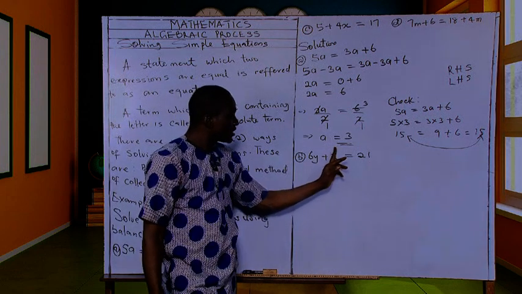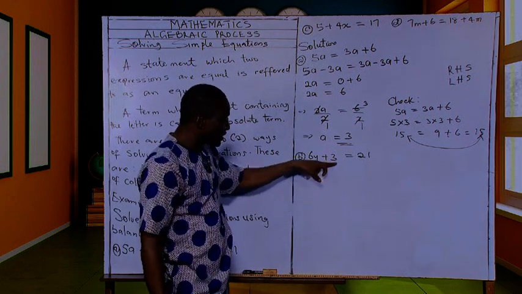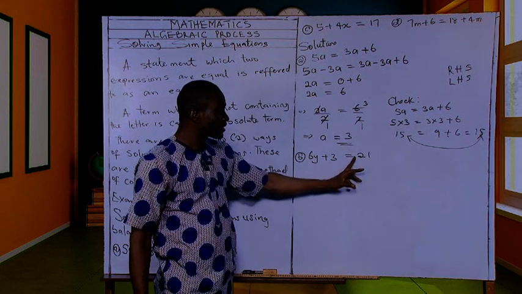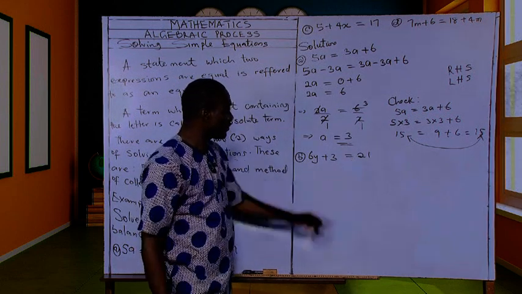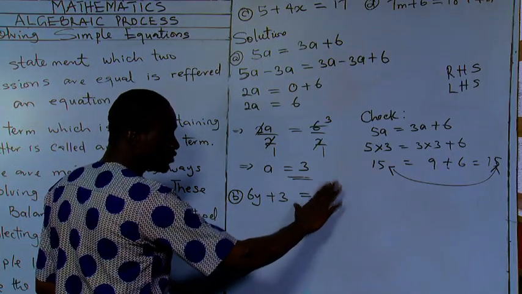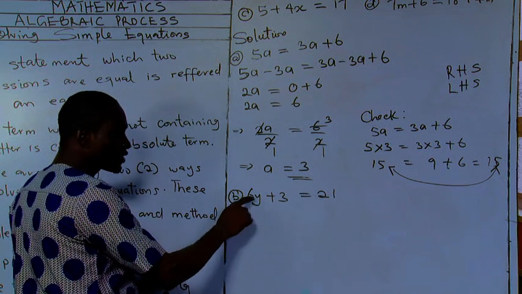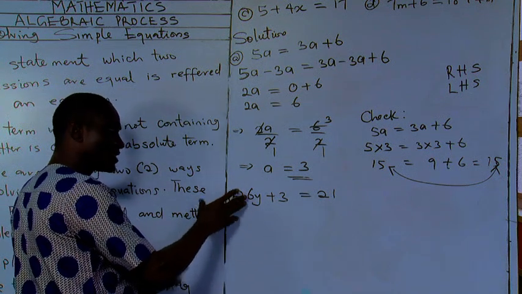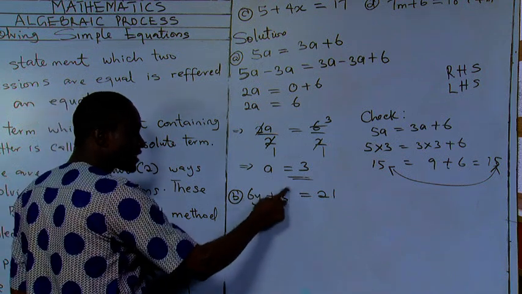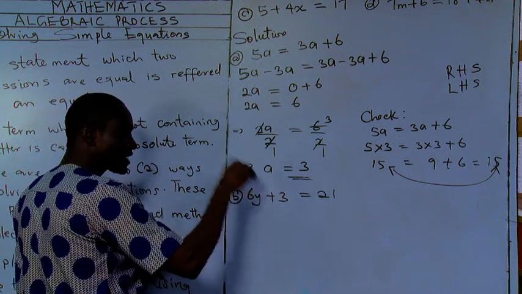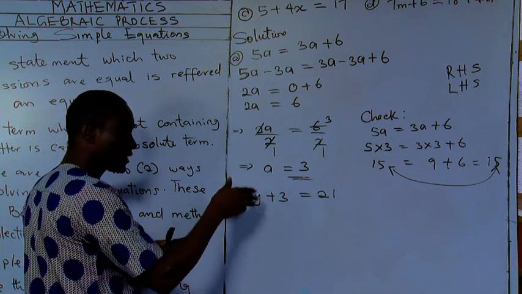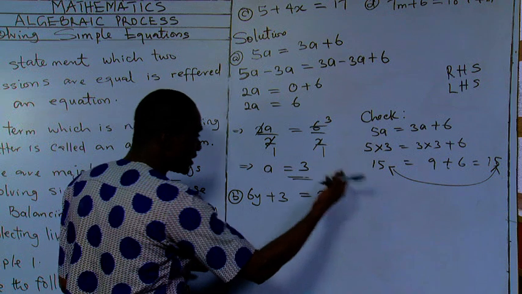So this 3 is not supposed to be on this side; it's supposed to be after the equal sign. This 21 is where it's supposed to be, and this 6y is where it's supposed to be, at the LHS. But it is this plus 3 that is not positioned where it's expected. Now we want to take it to the other side.